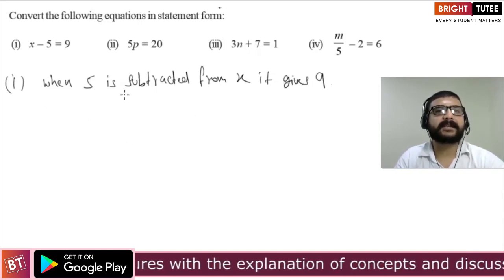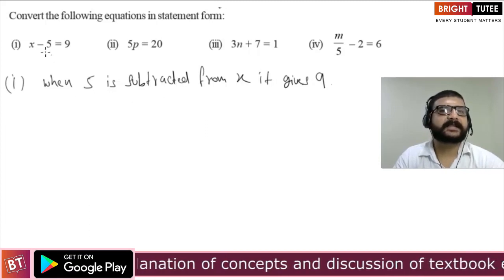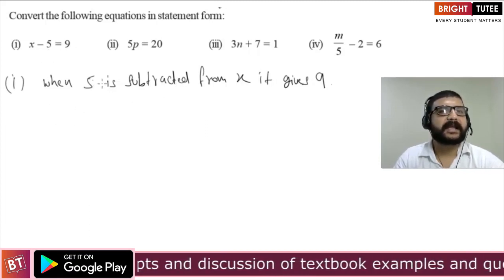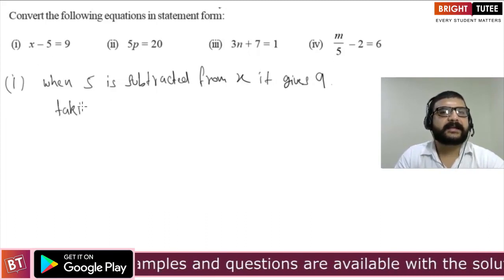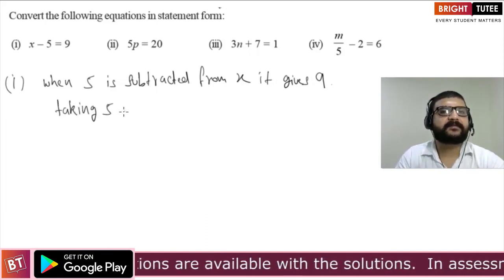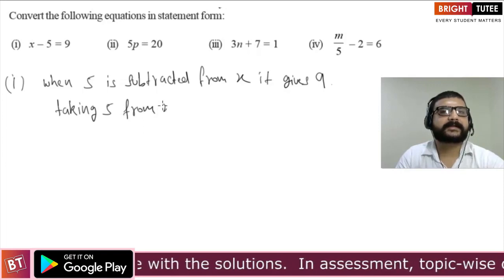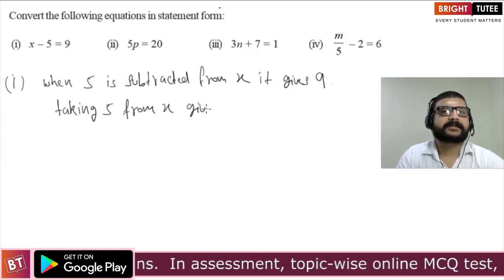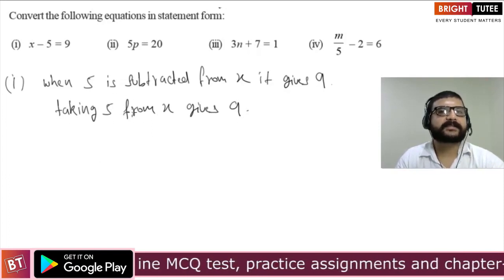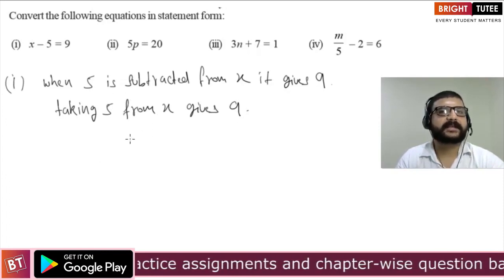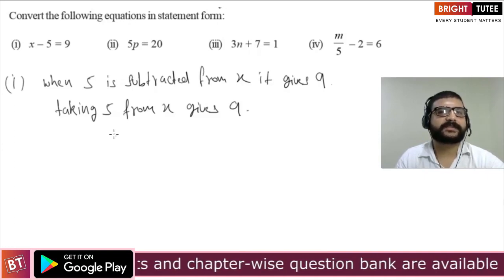This can be one of the statements representing this equation. We can have one more, like we can write it as taking 5 from x gives 9. So the statements are not fixed. We can have more than one statement for a particular equation.